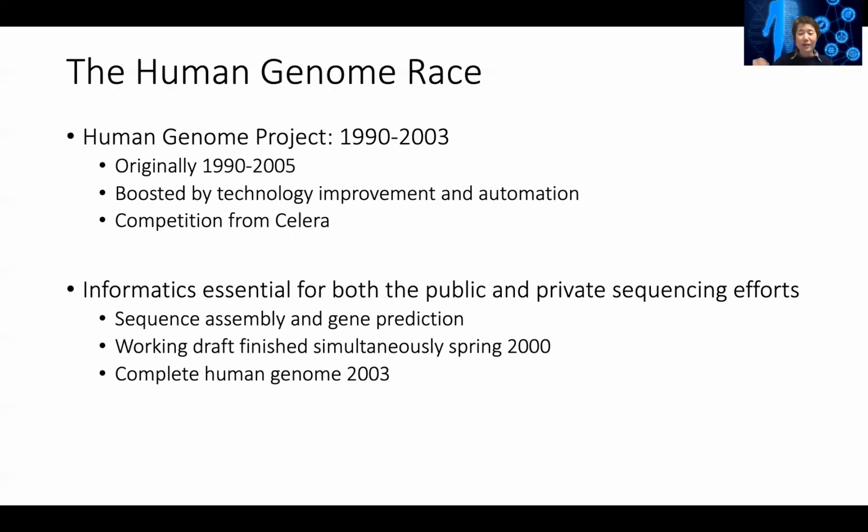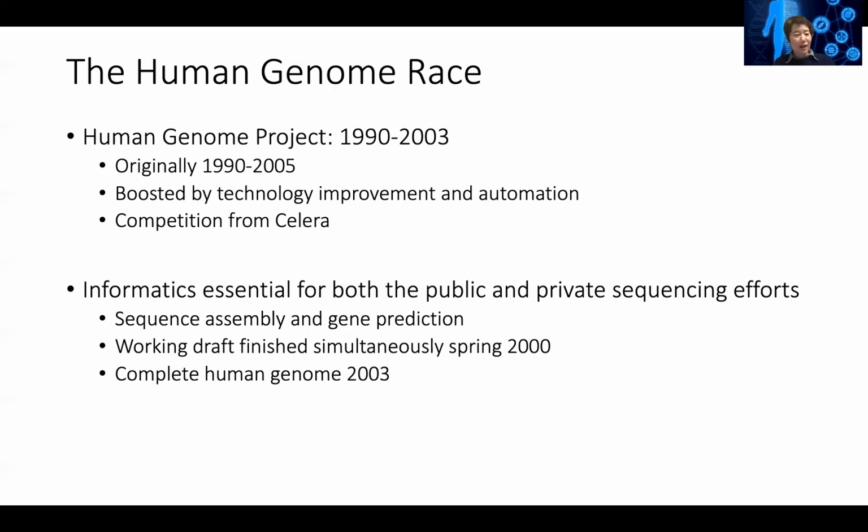The public effort and the private effort actually finished at the same time in the spring of 2000. The private effort, you can imagine, was a massive computational undertaking, having to stitch together so many sequences to create the genome sequence. But even in the public effort, they said, okay, let's accelerate the process. They also started doing a lot of sequencing.